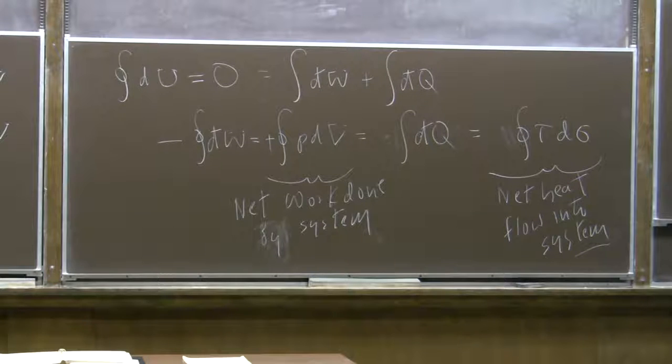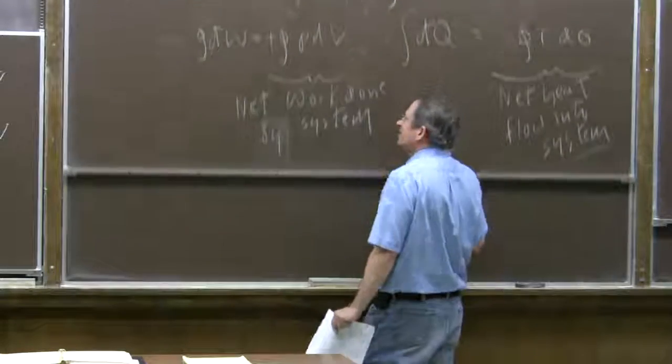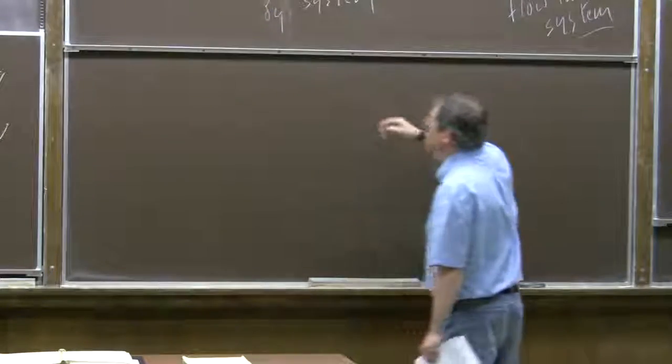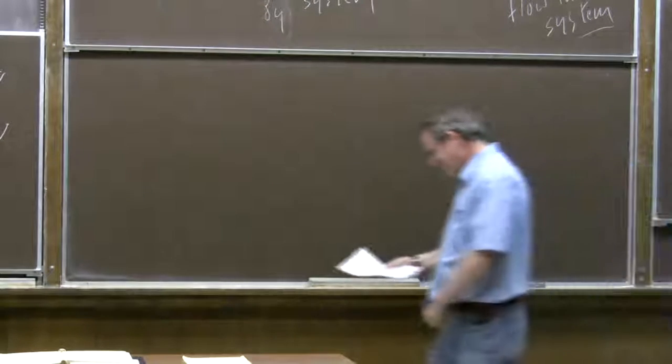How's that? Because that's right. The work done by the system is the difference between the heat it takes in and the heat it expels. Or something with different minus signs, which makes sense. You decide.